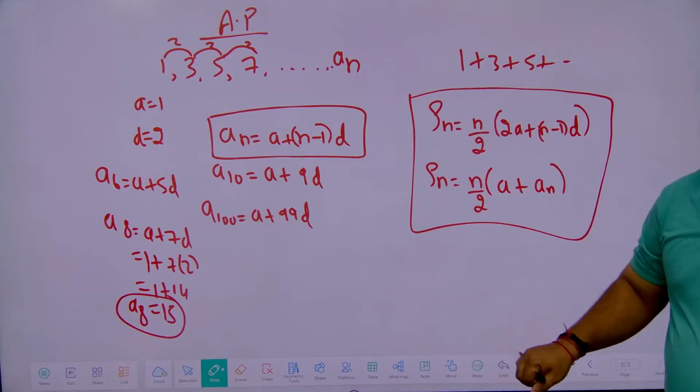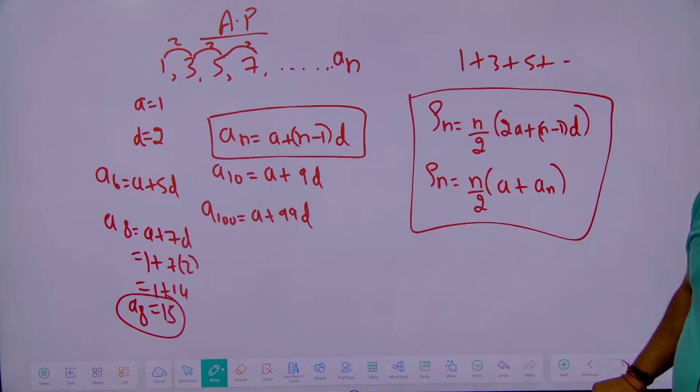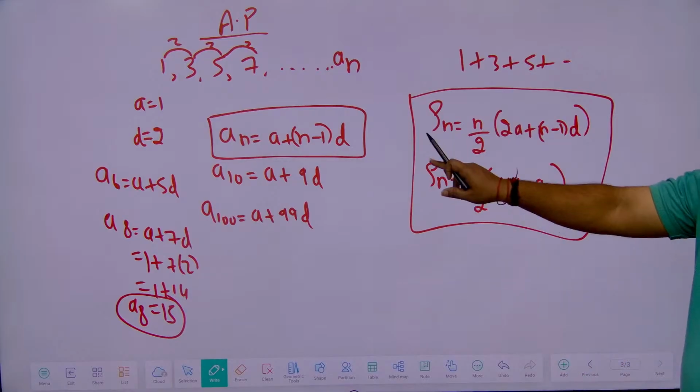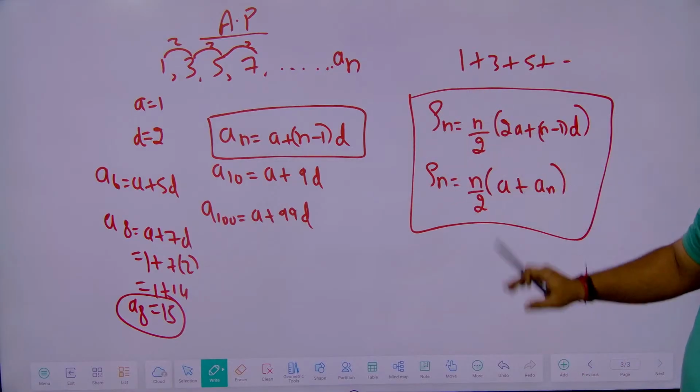Written all of you? Do it fast, just these two boxes. You write down AP, these two boxes. That's all.